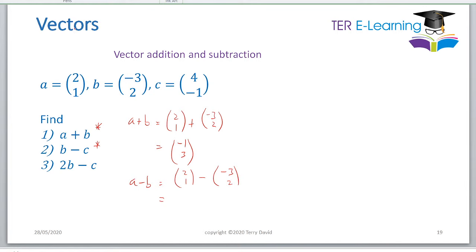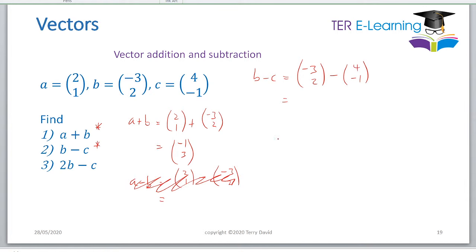Oh, sorry, wait. I wrote the wrong thing, you know. Give me a sec. Yeah, I wrote the wrong thing, right? So it's b minus c we're trying to work out. So b minus c is minus 3, 2 minus c, which is 4 minus 1, right?